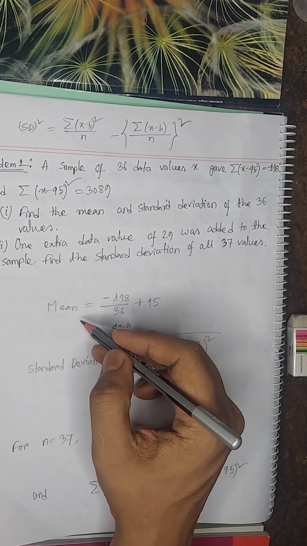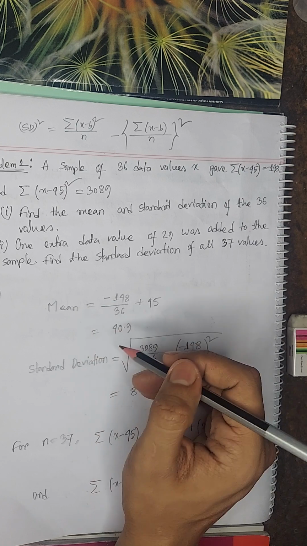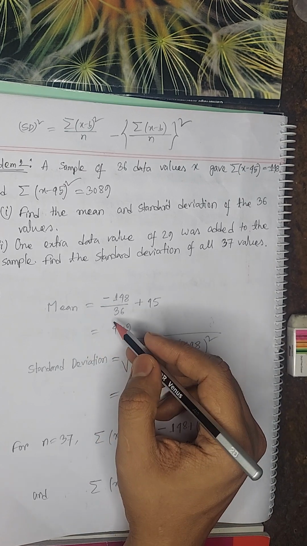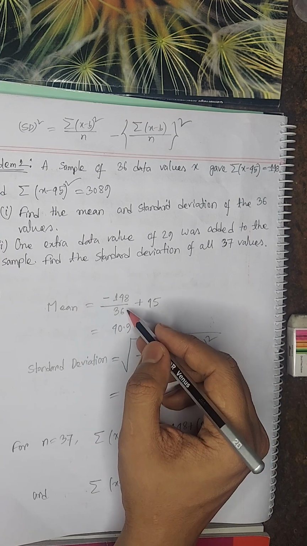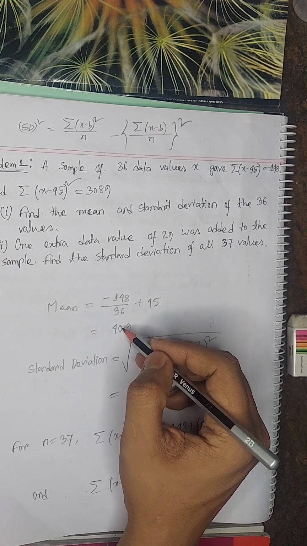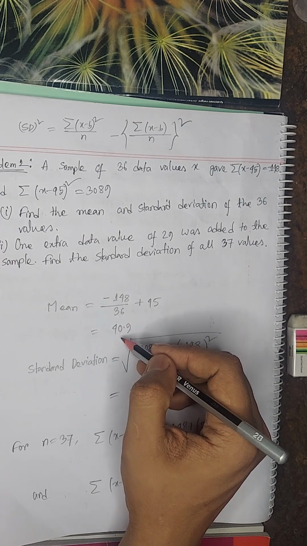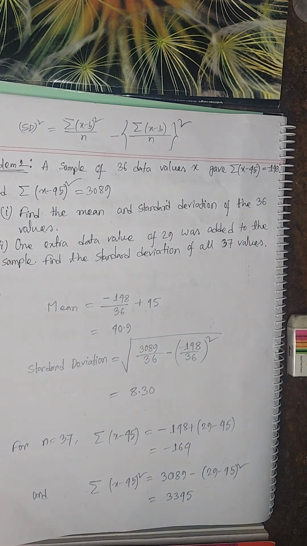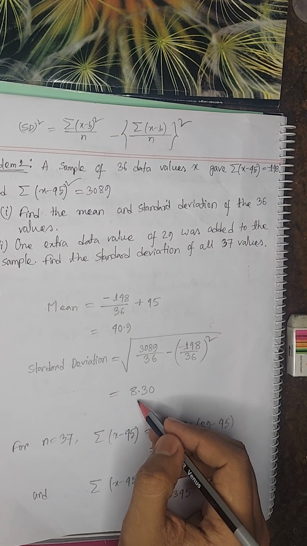Here we have to find the mean by the formula we used in our earlier problem. By using that formula, we find the mean is 40.9, and the standard deviation is 8.30.